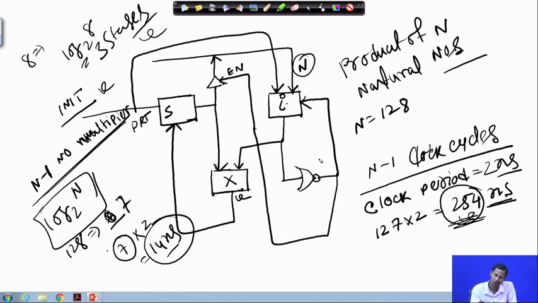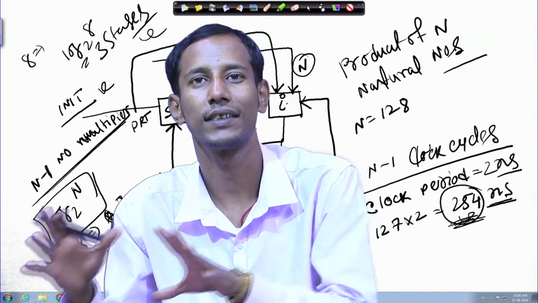So, hardware-wise this is increased, but 14 nanosecond is required, meaning after applying the input once, after 14 nanosecond I will get the output, whereas here I have to wait for 254 nanosecond. So, in a particular case where time is critical, I have to allow that it will consume more area, but I can save the time.